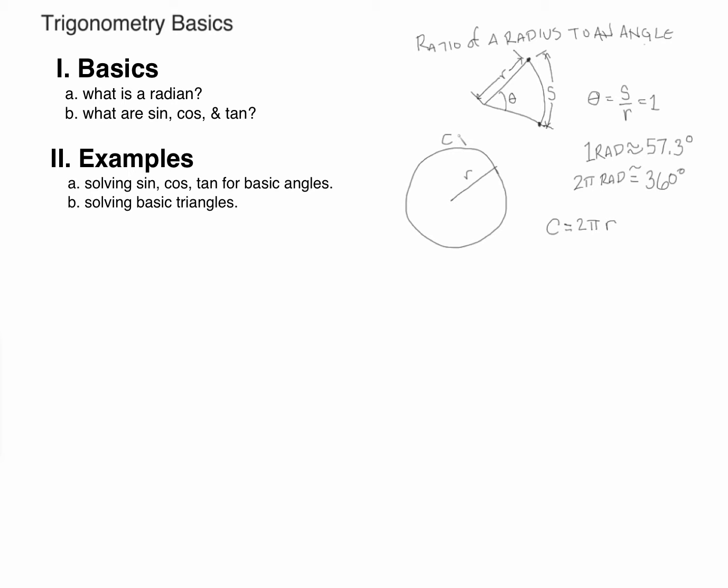And in this case, S, if we measure the entire 360 degrees, we're measuring also the circumference, right? So in this case, S equals 2 pi r.